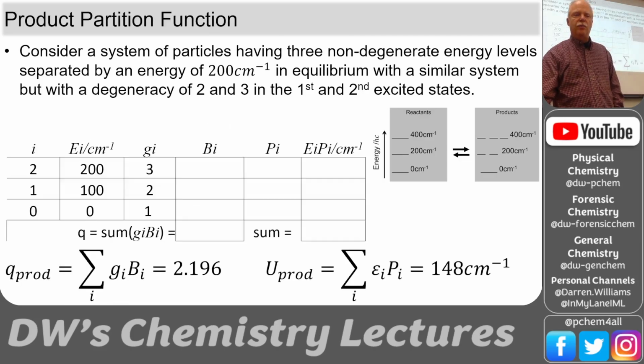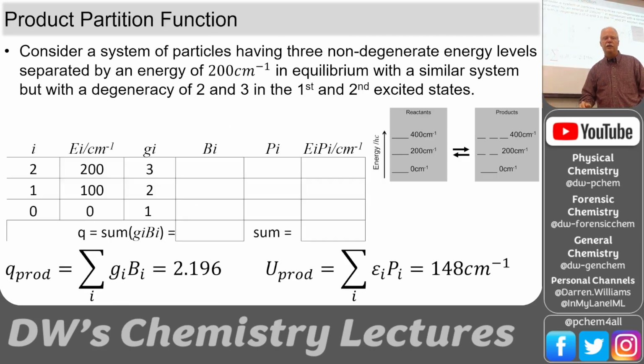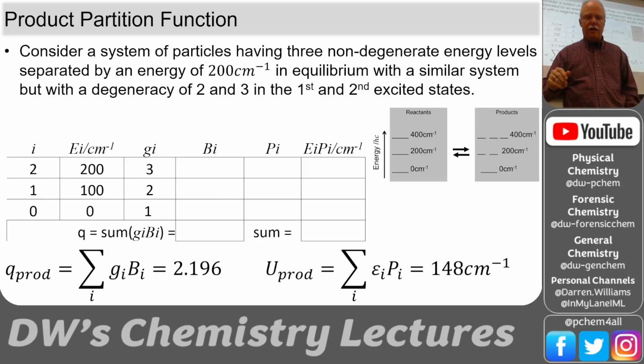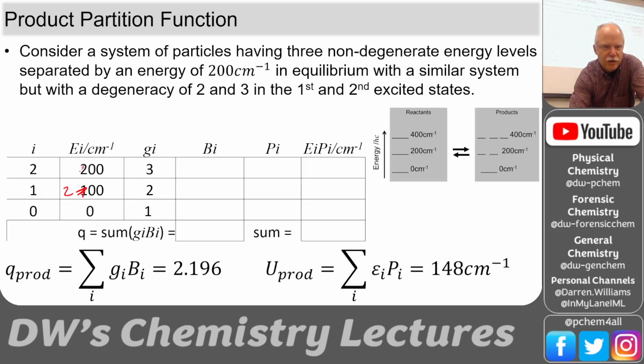Okay, let's calculate the product. So here's the product partition function. It's the same. Oh yeah, there's another copy and paste error. Gosh, I'm sorry. I change these from year to year, and then I'll change the text, but this should be 200 and 400. It's so hard to find all the little places where things need to be changed.